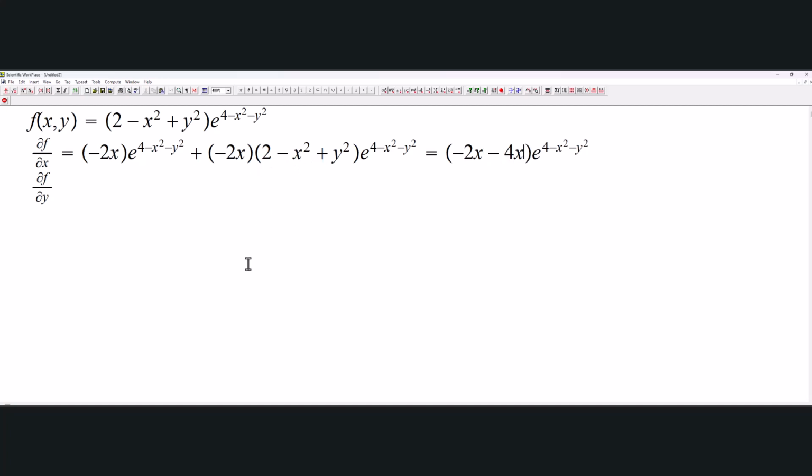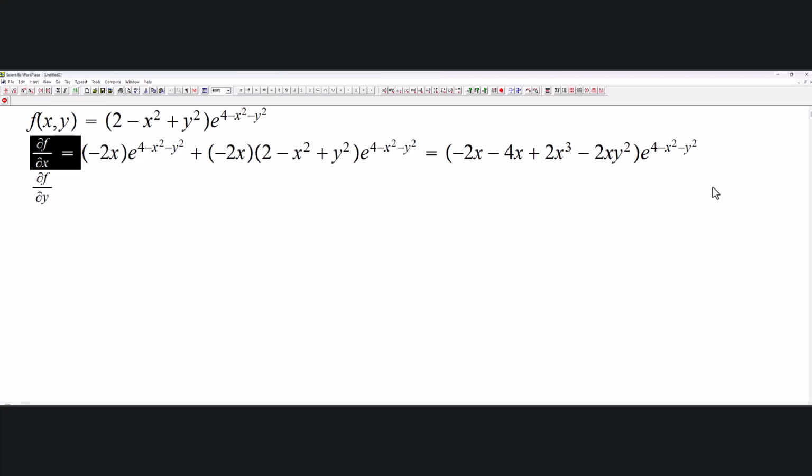Negative 4x, then plus 4x cubed, and then at the end we get negative, actually not 4x cubed, I'm sorry, 2x cubed, and then minus 2xy squared, and then if we simplify it further, what we shall get is this.